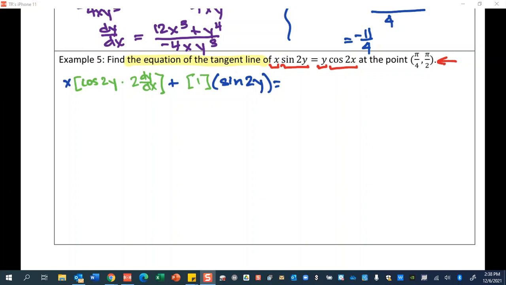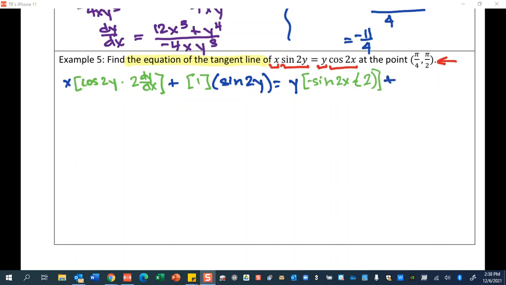All right, so now we'll come back here and say my first term is y times the derivative of what's inside. The derivative of cosine is negative sine of 2x times the derivative of what's inside. And I don't need to worry about dx, right?